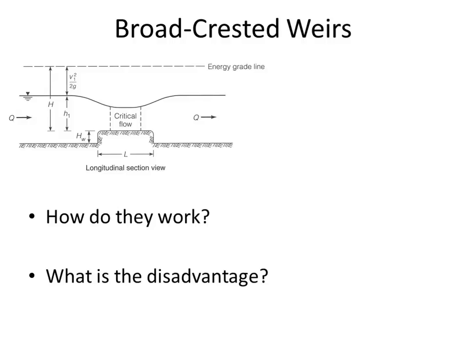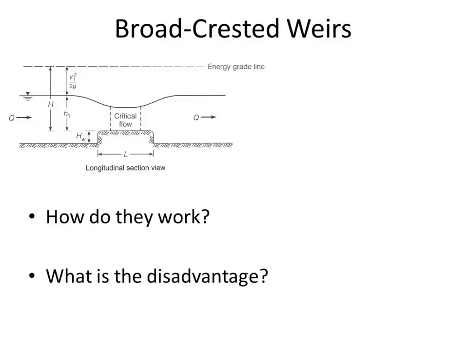Well, out in the real world, in a channel, you can't just look at the flow and know what the flow rate is. And so this is a flow measurement device, a broad-crested weir. The trick is, if you force critical flow over the weir, you know y sub c and can measure it, then from that you can find the flow per unit width, and once you know the flow per unit width, you can find the flow rate through the channel.